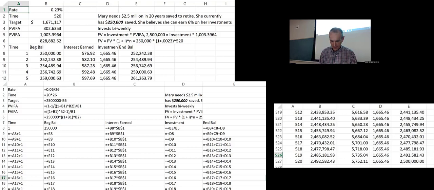The next one, it's not a payment, right? What do you say this is? An investment. And then the last one, balance. All right, starts at time 1. We need to go up 520.